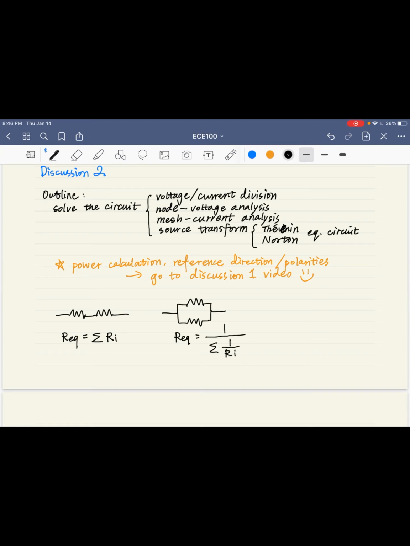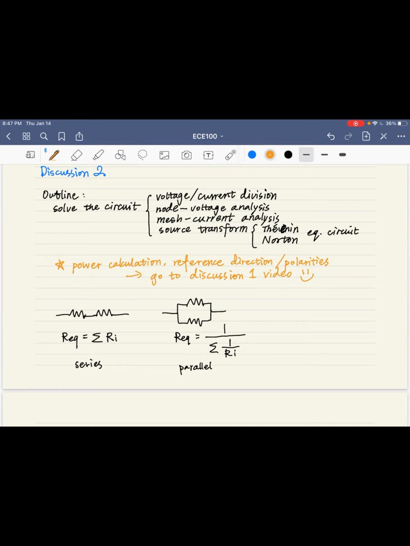And for resistances in parallel, their equivalent resistance will be the second equation. This is what we learned last time. And this will derive the principles of voltage division and current division.